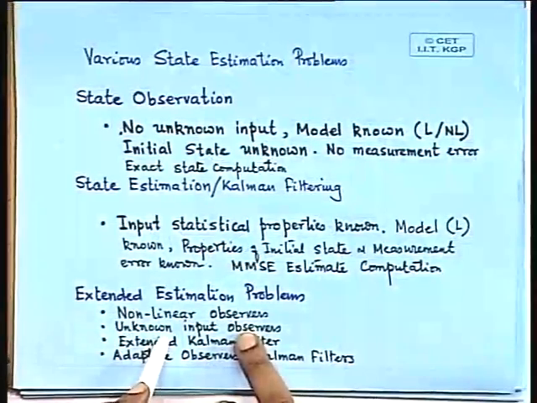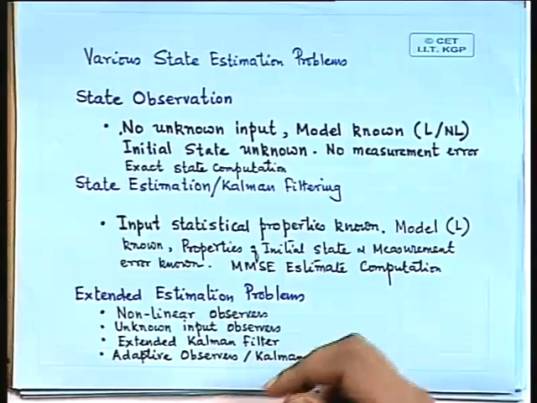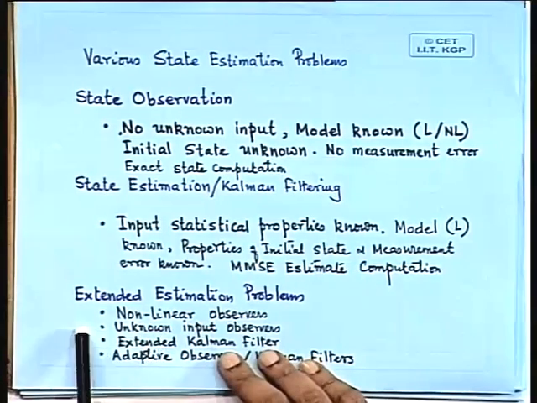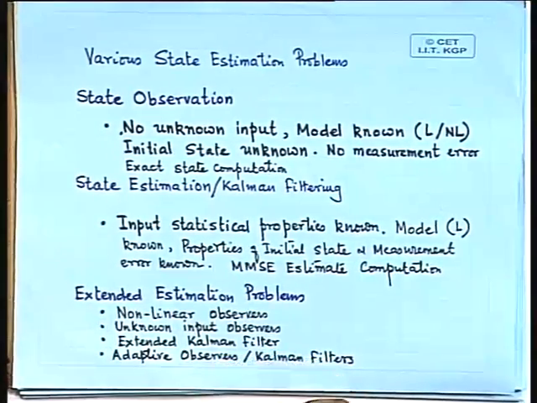That is, even if I don't know them at all, by some way can I produce an estimate which will not depend on these inputs. Sometimes we make an unknown input observer, sometimes we try to estimate the input separately, but this is another class of estimator where a significant input which is not probabilistically described is assumed to exist.